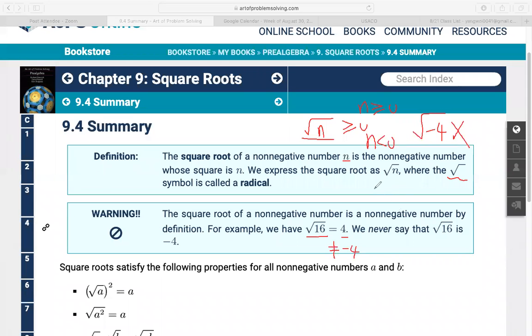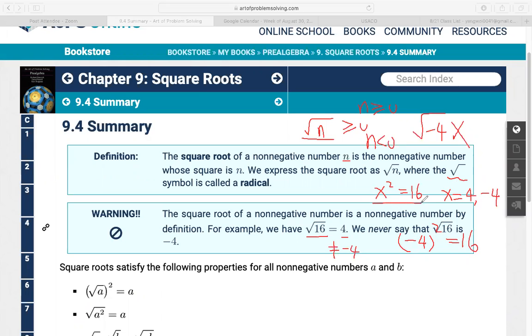But if I give an equation x squared equals 16, then you have 2 solutions. One is positive 4, another is negative 4, because negative 4 squared also gives positive 16.